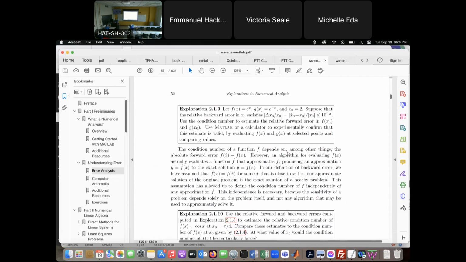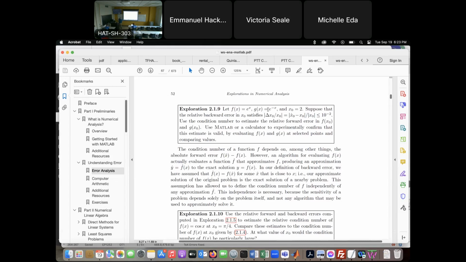You evaluate the true functions for that. This problem is not really concerned with any particular approach to approximating these functions, because if you're using exponential on MATLAB or a calculator, it's going to be approximating anyway.